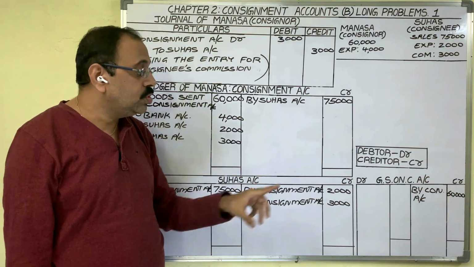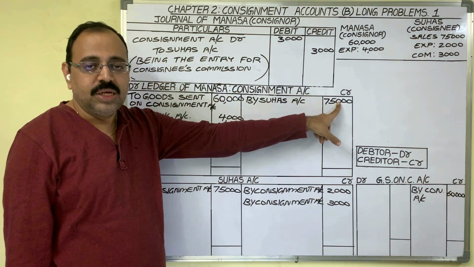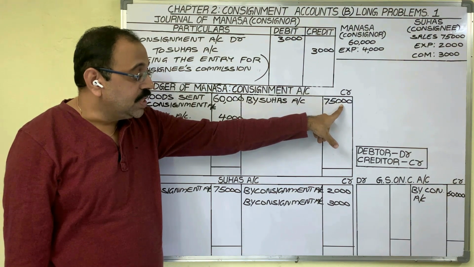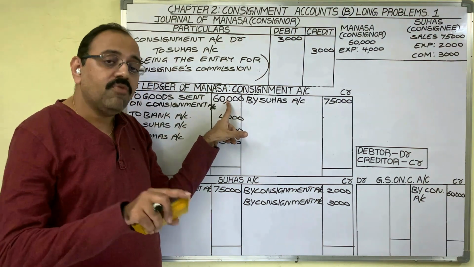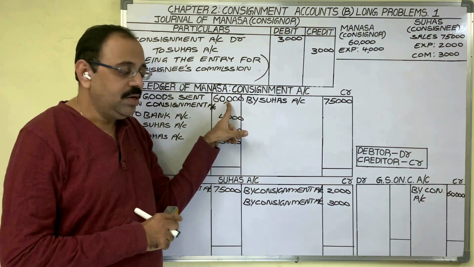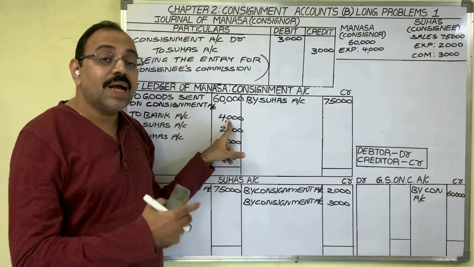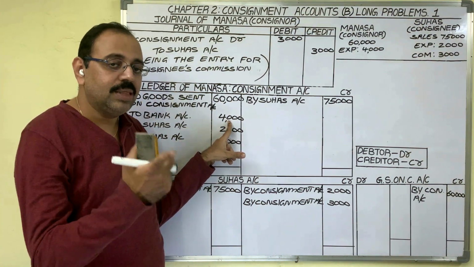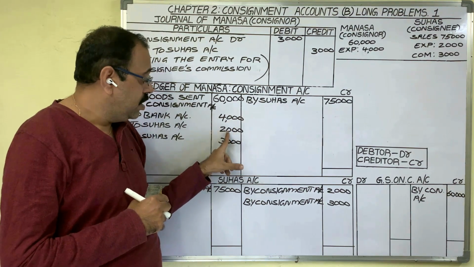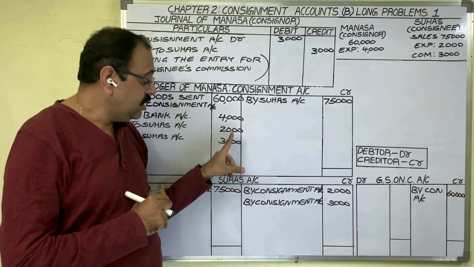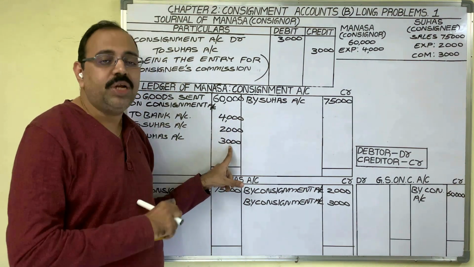Consignee sold these goods for 75,000 rupees. From this 75,000, we should deduct cost of those goods, 60,000. To send these goods, consignor incurred 4,000. That expenditure we should deduct. Consignee's expenditure and consignee's commission we should also deduct.